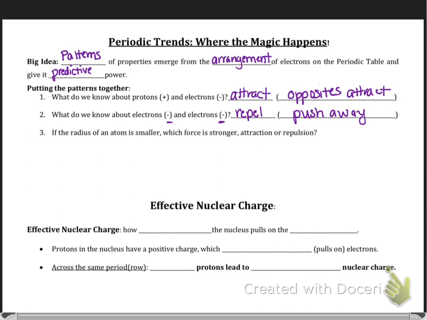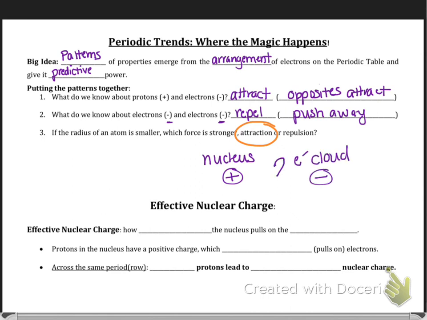Now, out of all the forces in chemistry, between attraction and repulsion, the one that is most important to us is going to be attraction. What we're saying is that all of our trends are dependent on this force of attraction between the nucleus, which is positive, and the electron cloud that is negative.